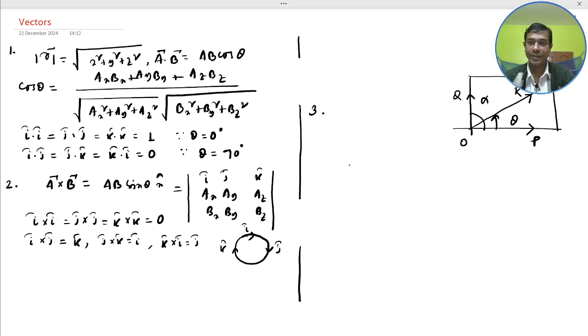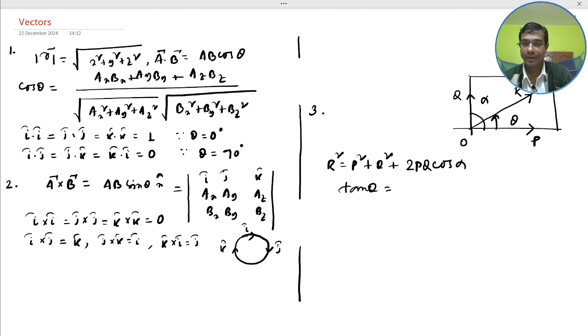So the resultant of two vectors is R square is equal to P square plus Q square plus 2PQ cos alpha, and tan theta is equal to Q sin alpha divided by P plus Q cos alpha.